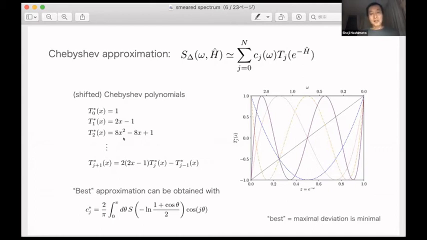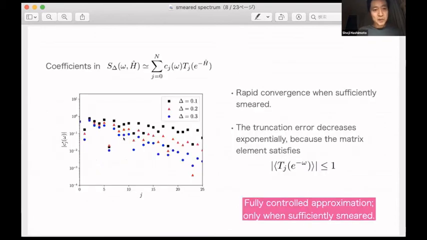So with larger j, you need larger time separations of the correlators.